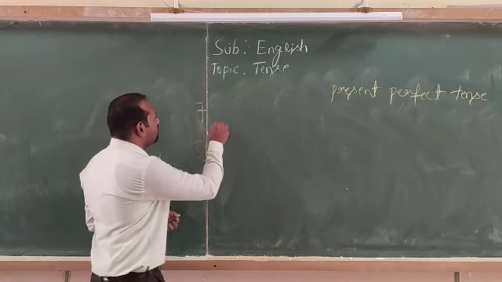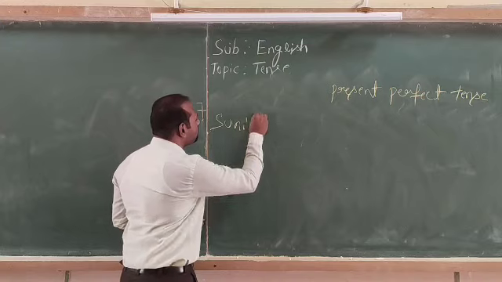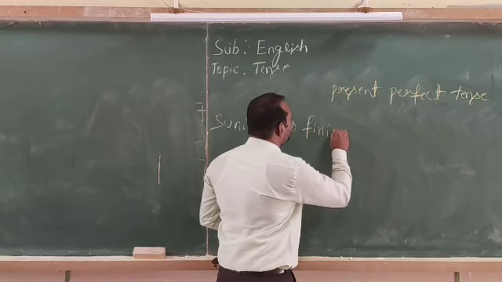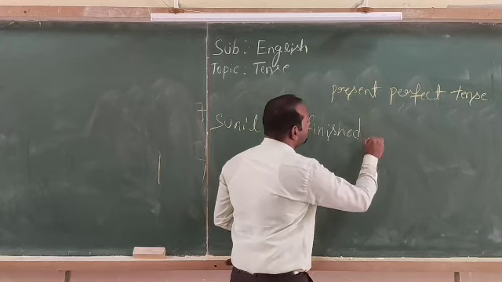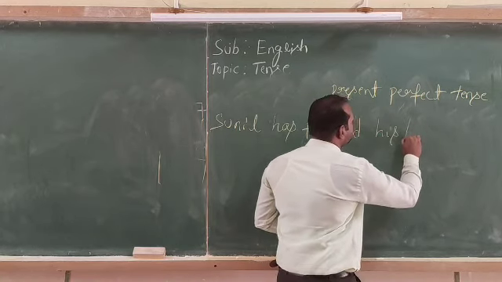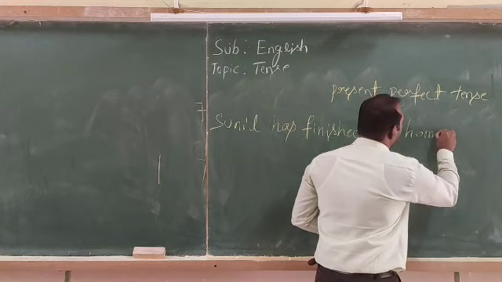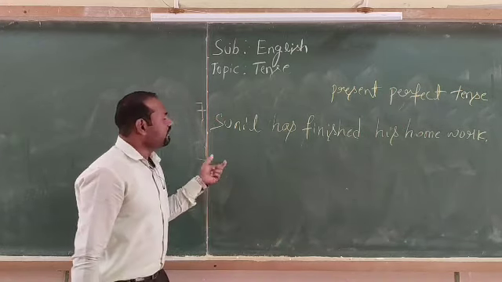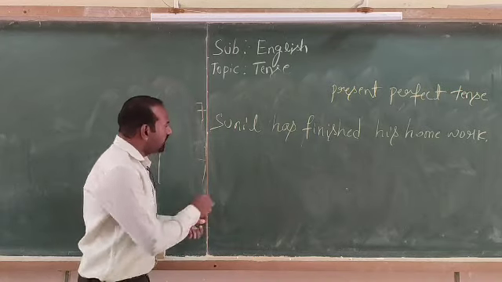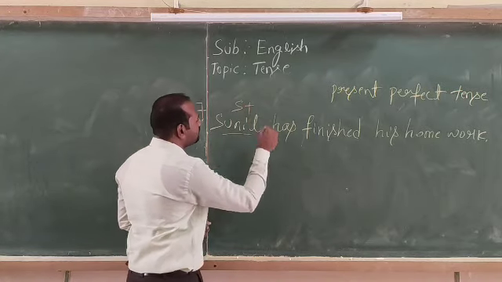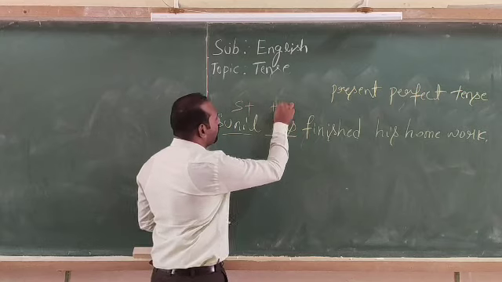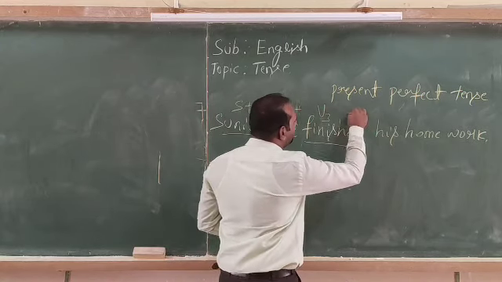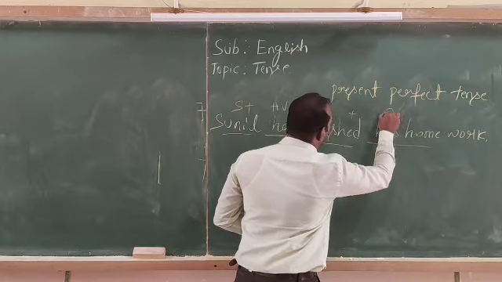I told you here, Sunil has finished his homework. Look into this example. Sunil here stands for subject, has stands for helping verb, finished stands for V3, and his homework stands for object.